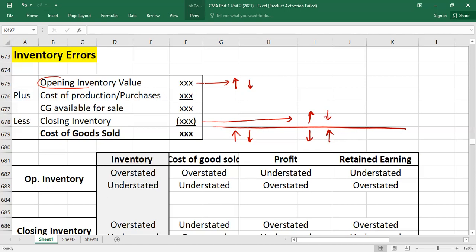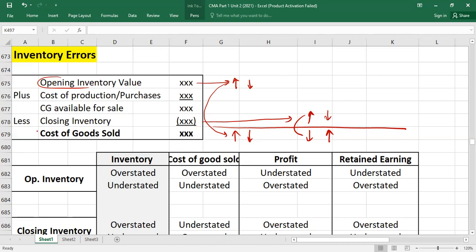Opening inventory has a direct relation with the cost of goods sold. When opening inventory goes up, cost of goods sold also goes up, and vice versa. And closing inventory has an inverse, indirect relation with the cost of goods sold. Understood? Clear? More closing inventory means less cost of goods sold. Lower closing inventory means higher cost of goods sold. Understood? Ready?